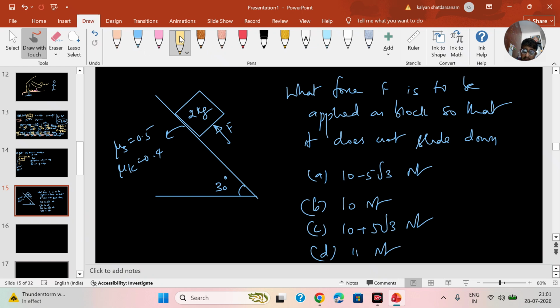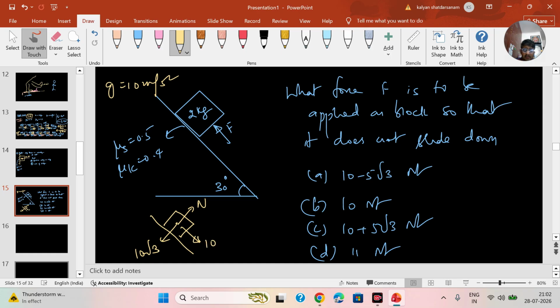But let me give you some small idea about this problem. If you don't apply any force, and you draw the free body diagram, right? You have got normal contact force, you have got mg cos θ, 20, I'm taking g as 10. So 20 into cos 30, which is root 3 by 2, that is 10 root 3. mg sin θ, that is 10.